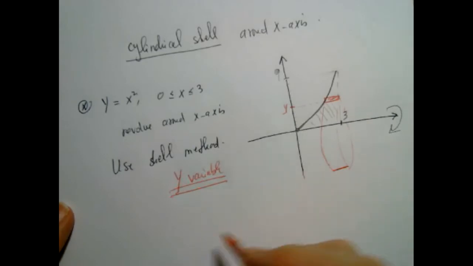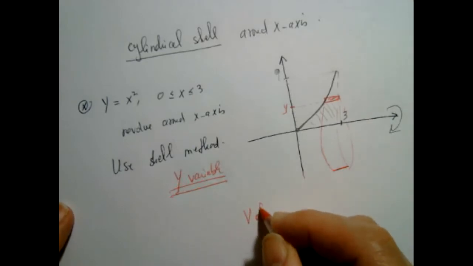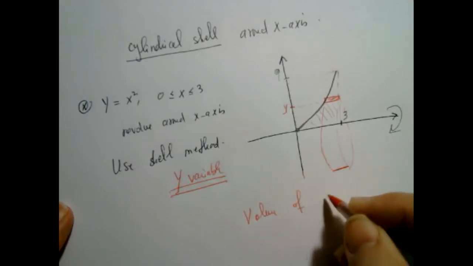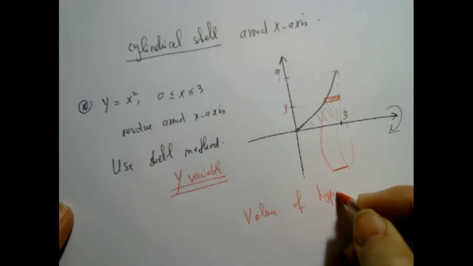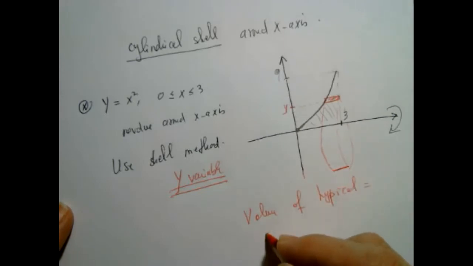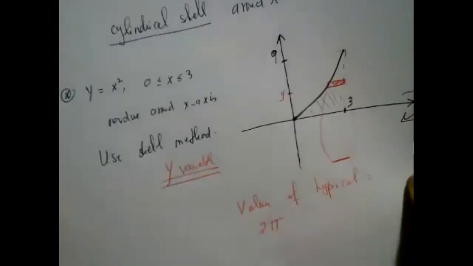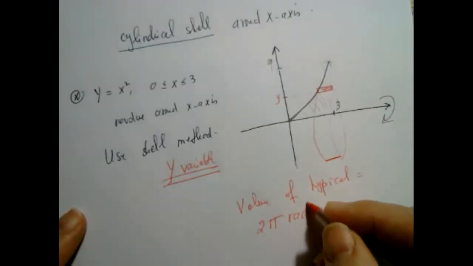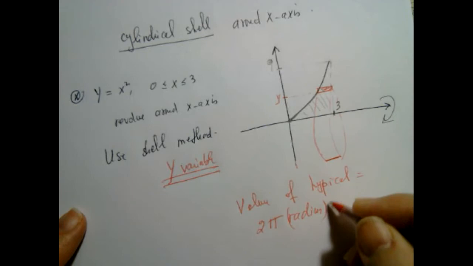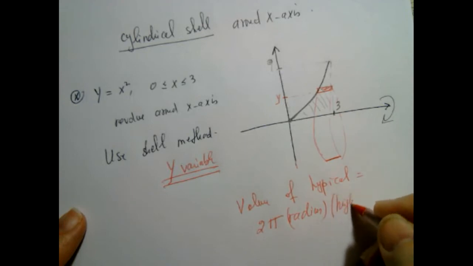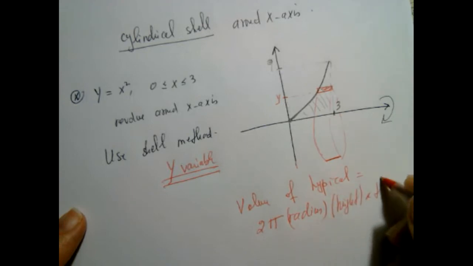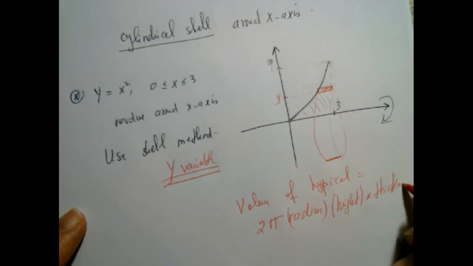The volume of a typical shell is 2 pi times the radius times the height times the thickness.